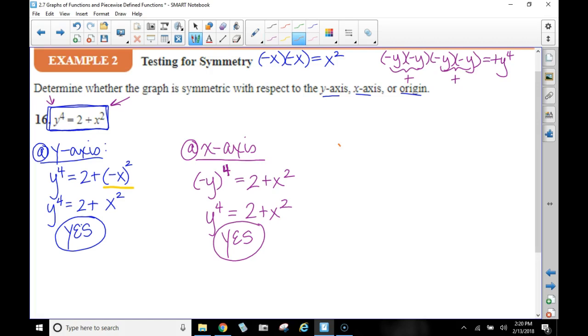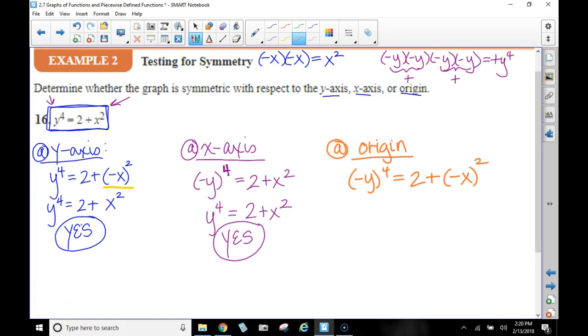Now let's see if this graph is going to display symmetry about the origin as well. Okay. We're going to replace both y with a negative y and x with a negative x. That's where we replace both.